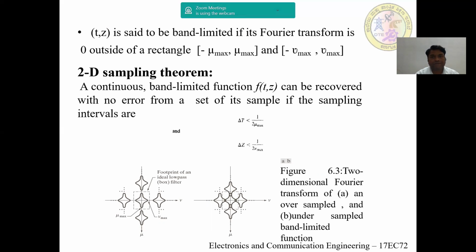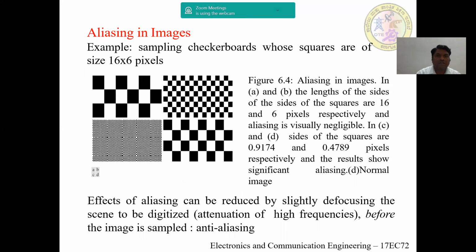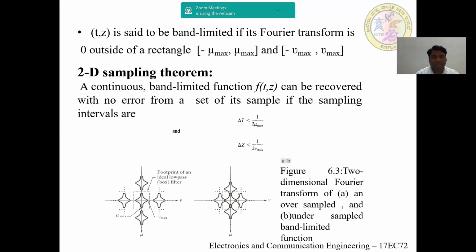That means the sampling rate should be twice the highest frequency content. Then we can recover the signal without any error, without any loss. That is the statement of the sampling theorem.